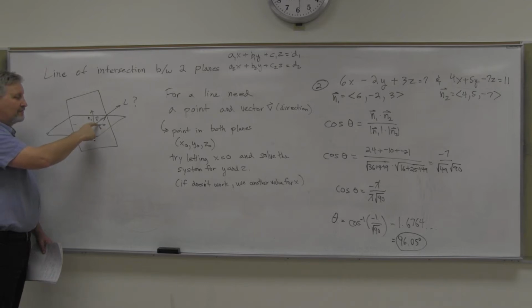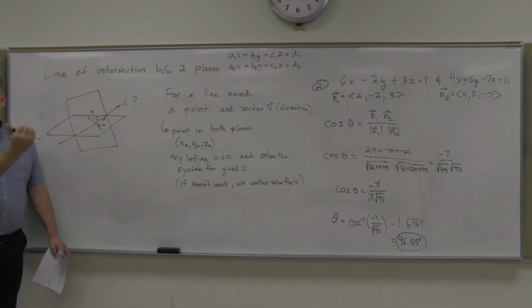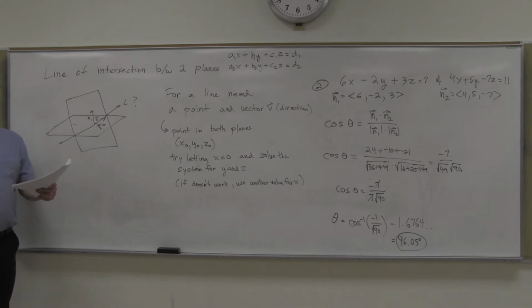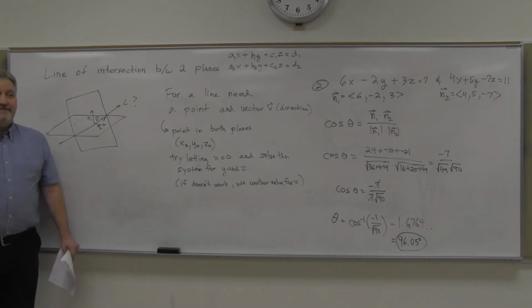So if V is in this plane, isn't it perpendicular to that vector? And if V is in this plane, it's perpendicular to that vector, right? Because that's the normal vector for plane 2. So it's a vector that's perpendicular to the normal vectors.